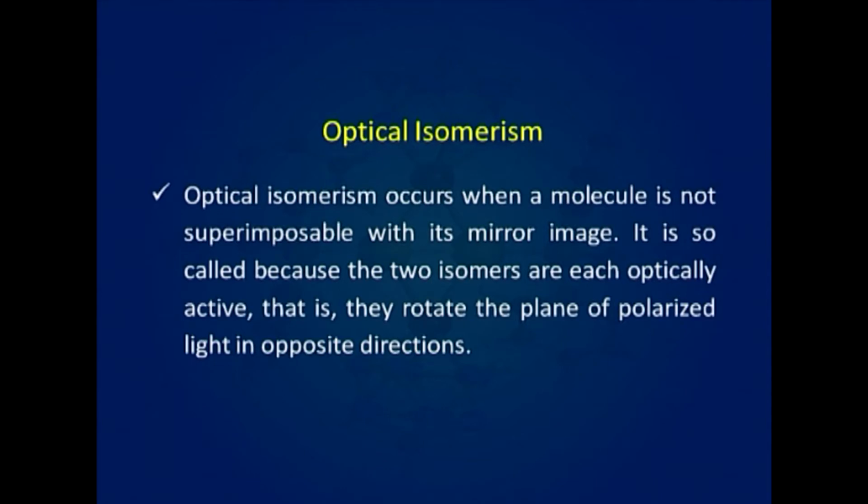It is so called because the two isomers are each optically active, that is, they rotate the plane of polarized light in opposite directions. Optical isomers interact with polarized light in different ways. Separate equimolar solutions of each rotate a plane of polarized light by equal amounts but in opposite directions.